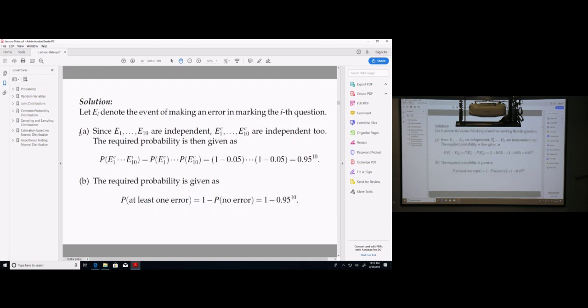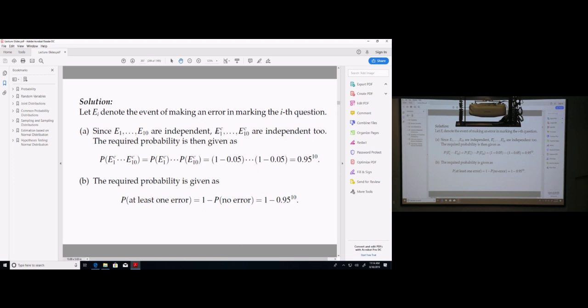So suppose Ei is the event of making an error in marking the ith question, then E1 up to E10 are independent. All right. This is the assumption built into the question. And then E1 complement up to E10 complement are also independent.